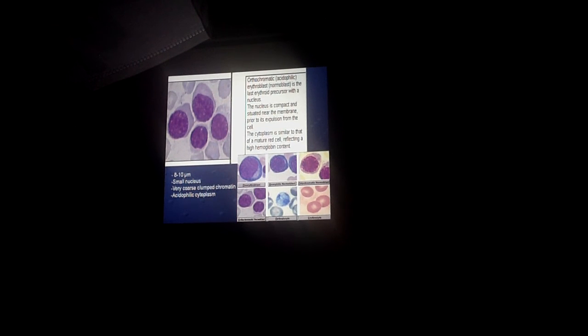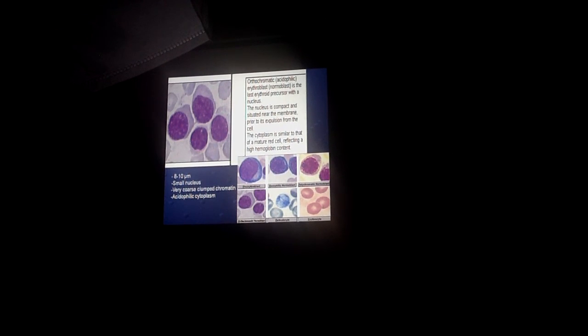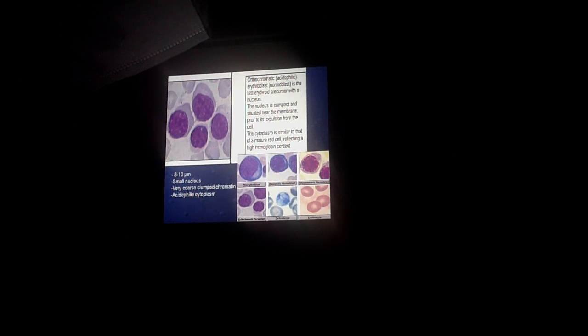it will now be called an orthochromatic normoblast or orthochromatic erythroblast. Ortho is actually Latin, equivalent niya sa English is right. And then chroma again, color, right color of the cytoplasm. Kasi, yan ang color ng cytoplasm ng mature red blood cell, walang nucleus.